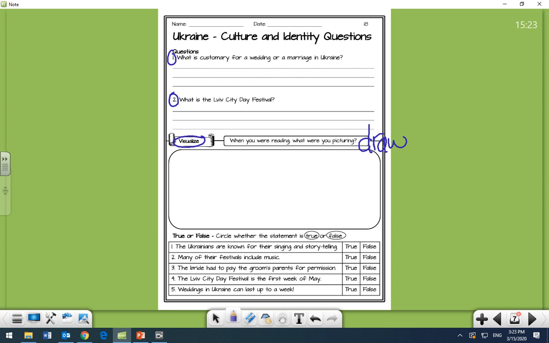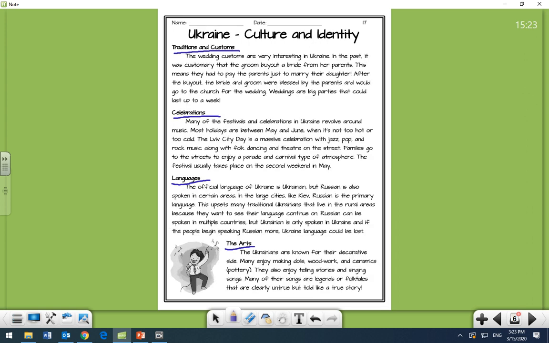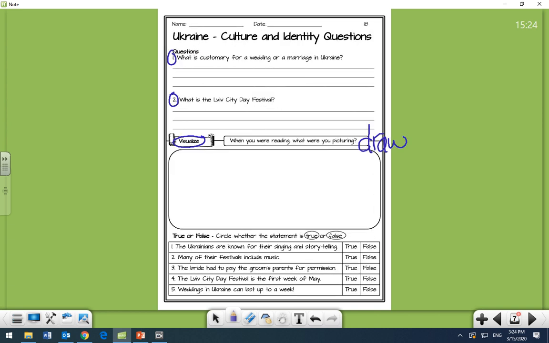If we look at the first one, the Ukrainians are known for their singing and storytelling. Let's find out. It says they are known for their decorative side, but they enjoy telling stories and singing songs. So they're not known for it, so that would be false, because they do it, but they're known for their decorative side.